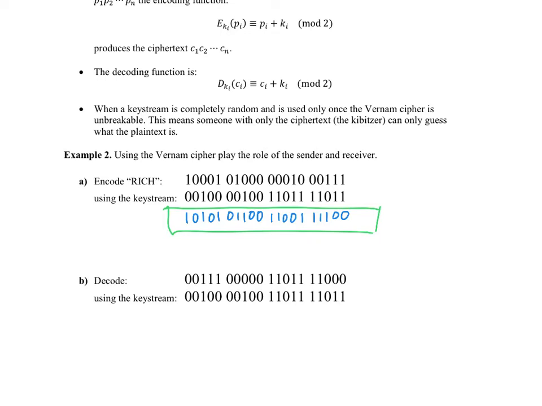You just go through each of the columns and you add up the digits in mod 2. So we've got a 1, a 1, a 0, a 0, a 0, and 1 and 1 make 0, 0, 0, 0, 0, 0, 0, 1, 0, 0, 1, 1, 0, 0, 0.